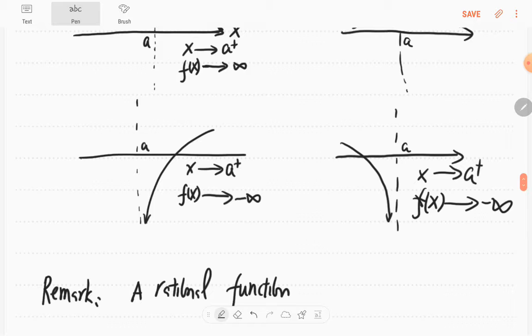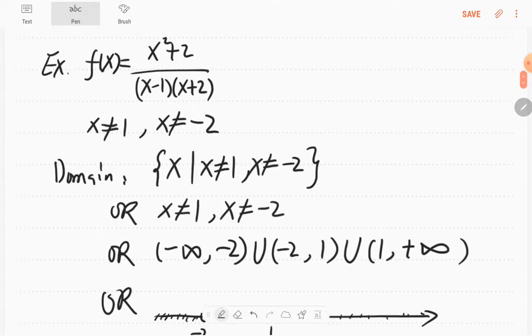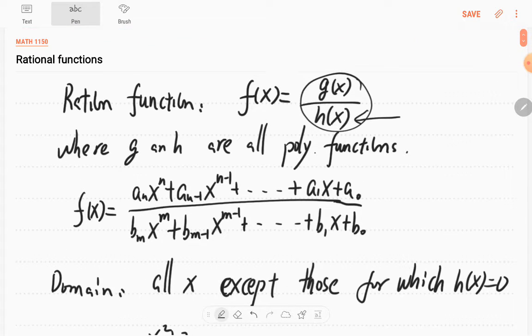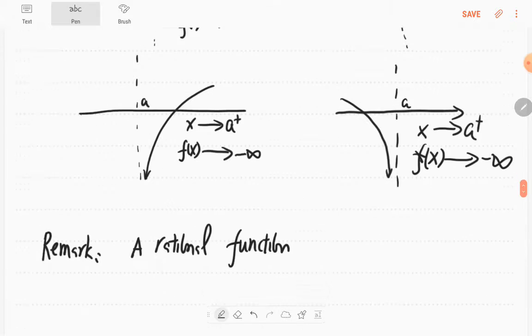The value will blow out. That means if the denominator h approaches 0, very close to 0, then the whole fraction will blow out, right? So this gives the idea how to find the vertical asymptote.